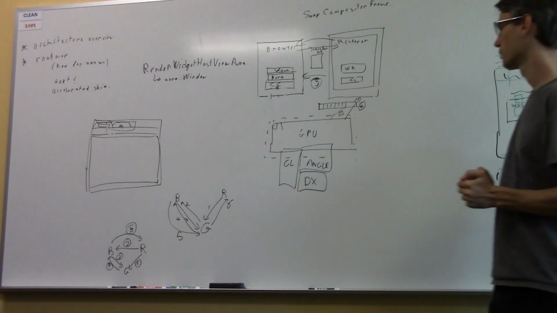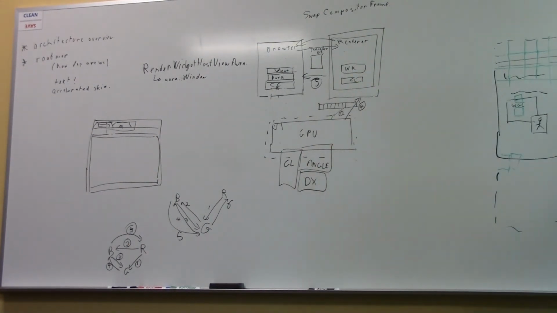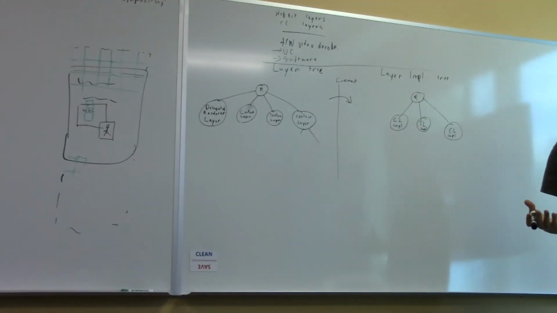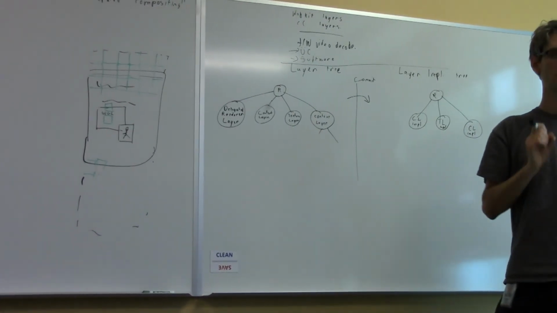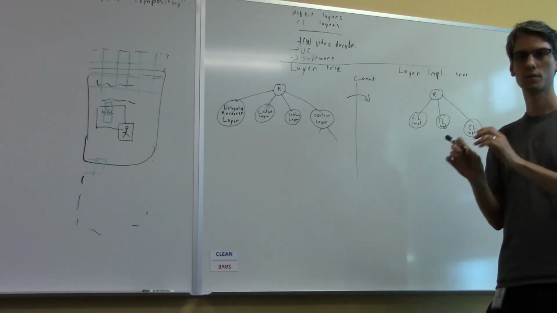Instead, we asked, can we implement CC using a 2D API, which is Skia, instead of GL? Almost all of this works exactly the same way, except once we get to the drawing phase, instead of sending things to GL, we send things to Skia.